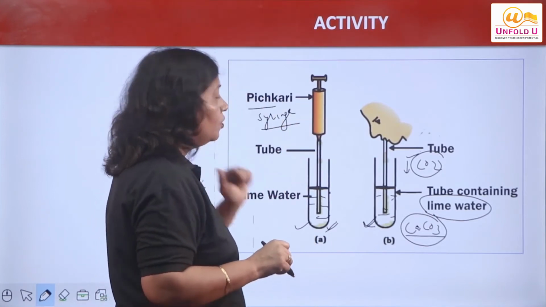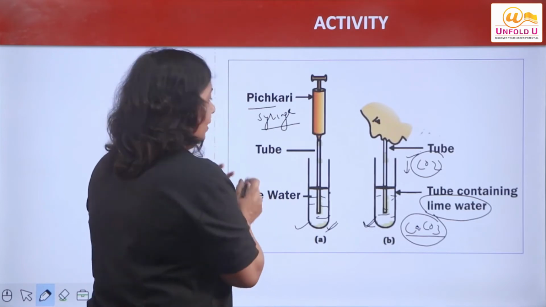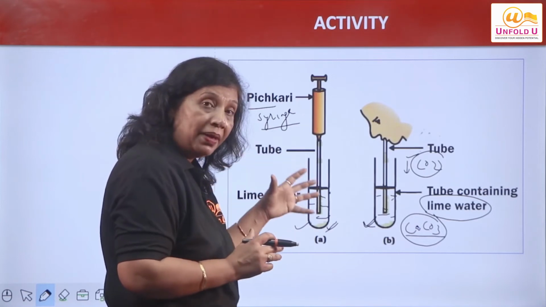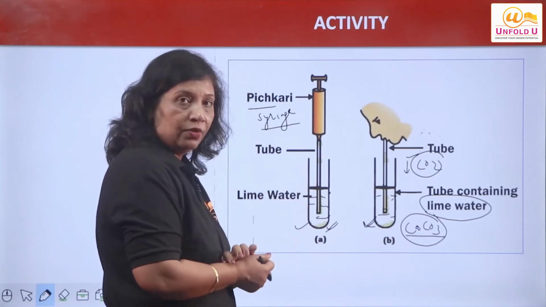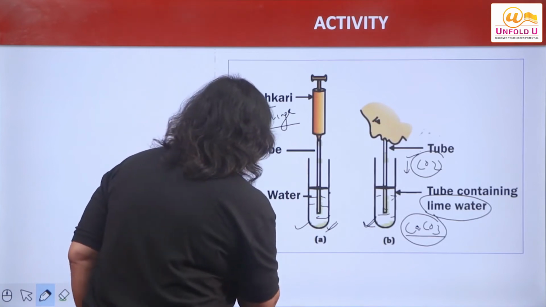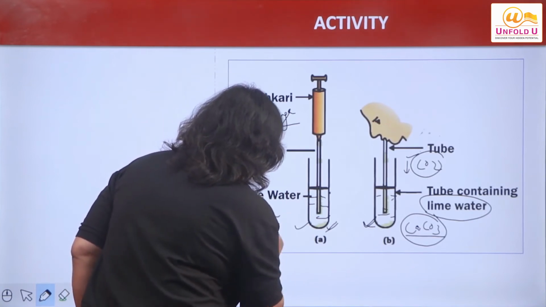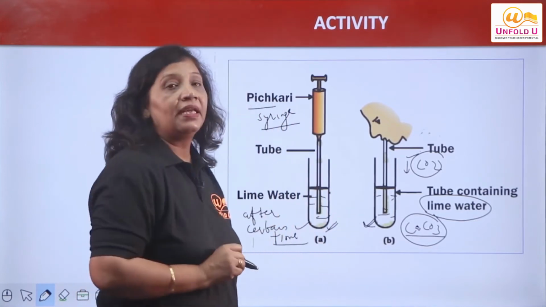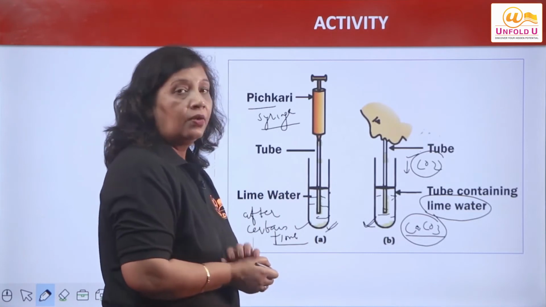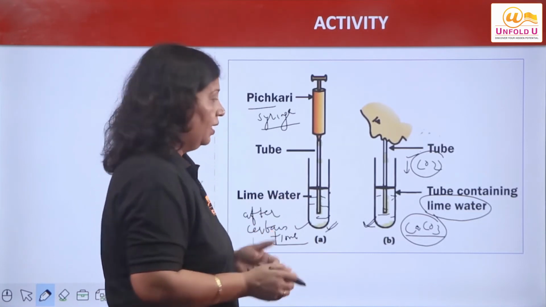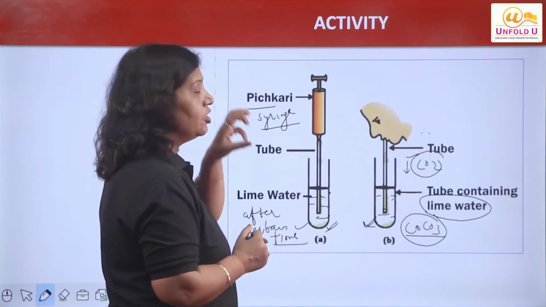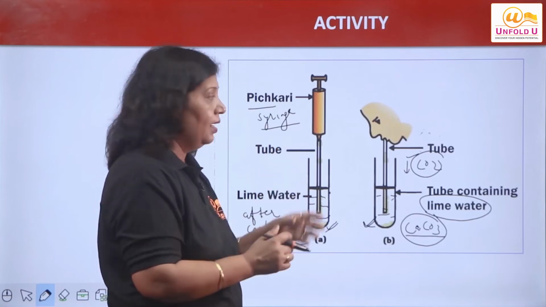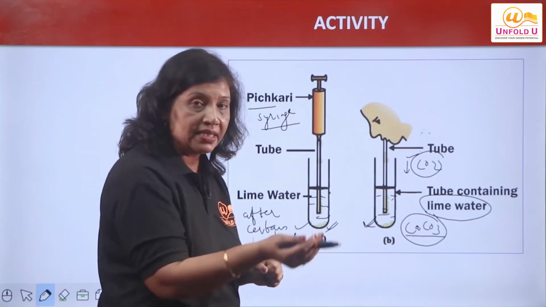अब इस पिचकारी के थ्रू जब हम एयर पास करेंगे तो इसमें भी एयर में कार्बन डाइऑक्साइड है, but the amount of concentration will be comparatively lesser, which will pass into the lime water. तो इसमें after certain time, कुछ टाइम के बाद we will find milkiness in the lime water, which proves that the concentration of carbon dioxide entering from air was lesser as compared to the air we exhaled out.